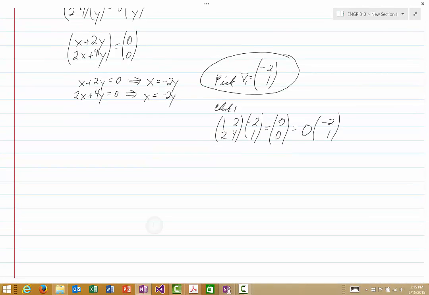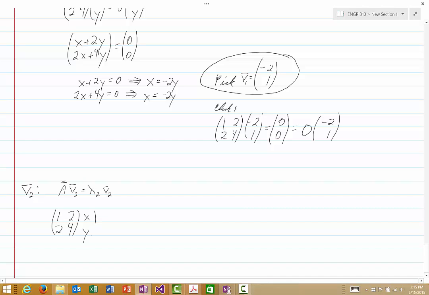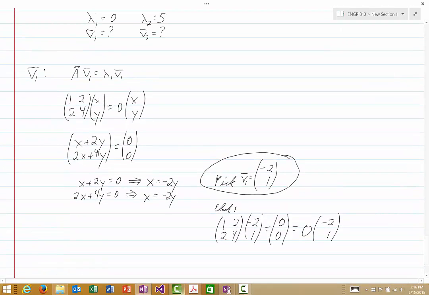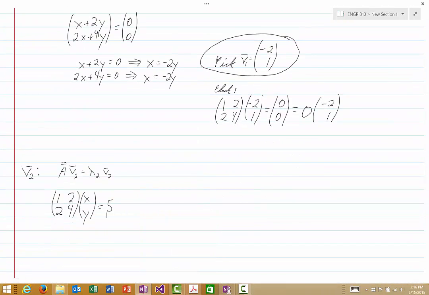Now let's try to find V2. Here the defining equation is A V2 is equal to lambda 2 V2. And so this gives us 1, 2, 2, 4, x, y is equal to 5, because lambda 2 is 5, remember? 5 times x, y.